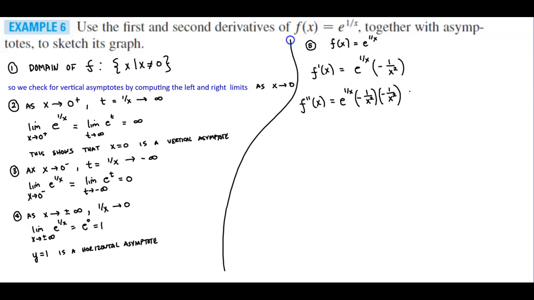And then plus we have e to the 1 over x times the derivative of negative 1 over x squared, which is 2 over x cubed.